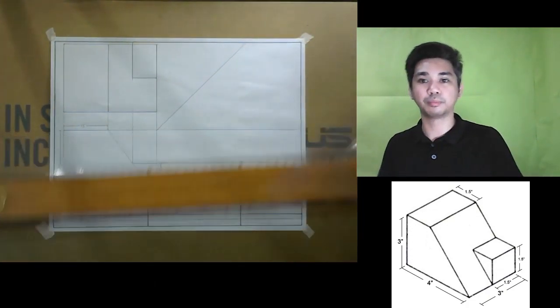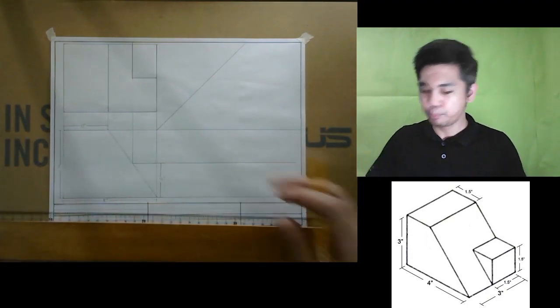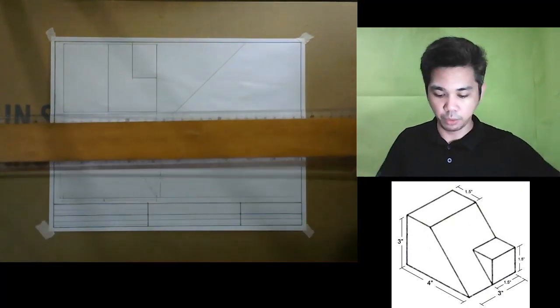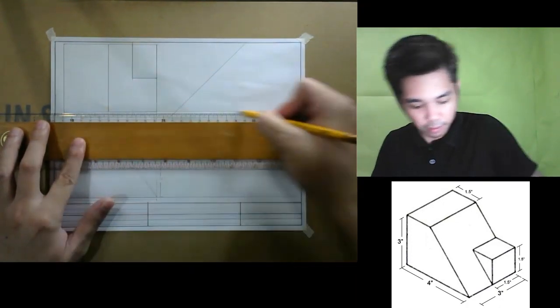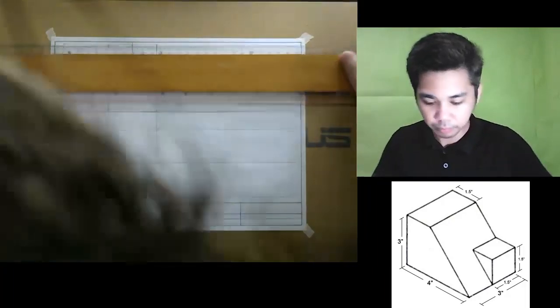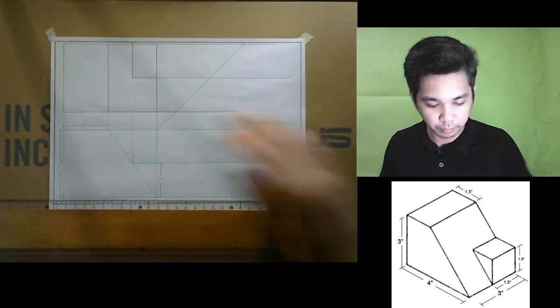Like so. Now what should we do with this? From our top view, again project those lines to the right.